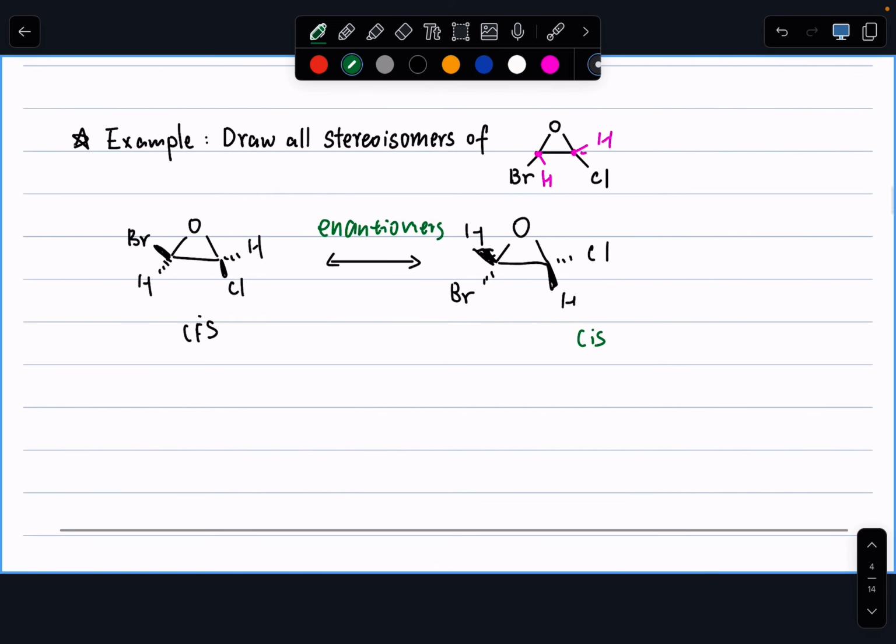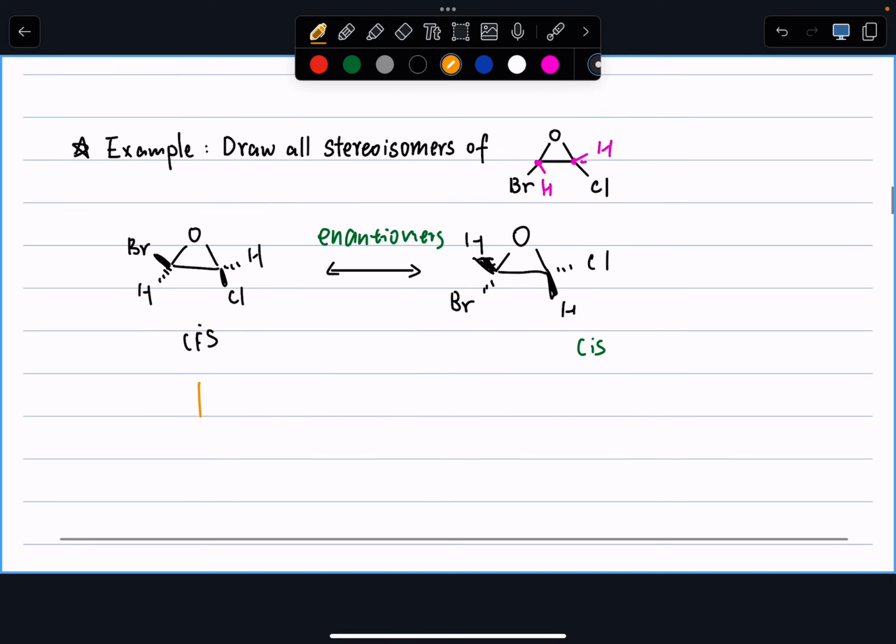And coming back here, we can draw diastereomers by only changing one of the carbon centers. Let's keep my bromine unchanged, and then put my hydrogen here, and putting my hydrogen on wedge, and chlorine on dash.